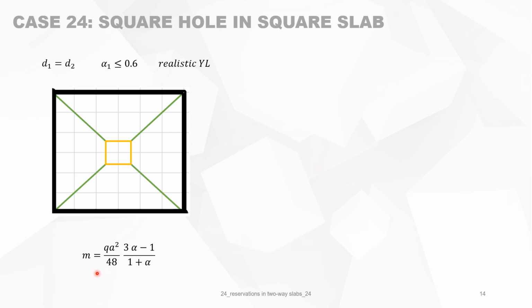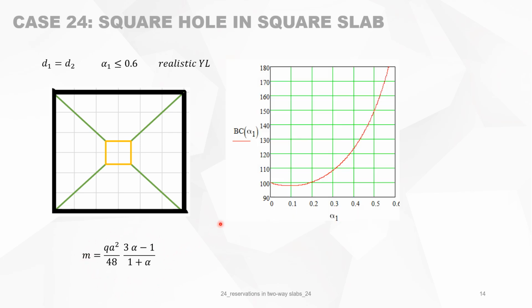Then the maximum bending moment is given by this formula. And when we look at the bearing capacity in function of alpha 1, then we see that we have this red curve.